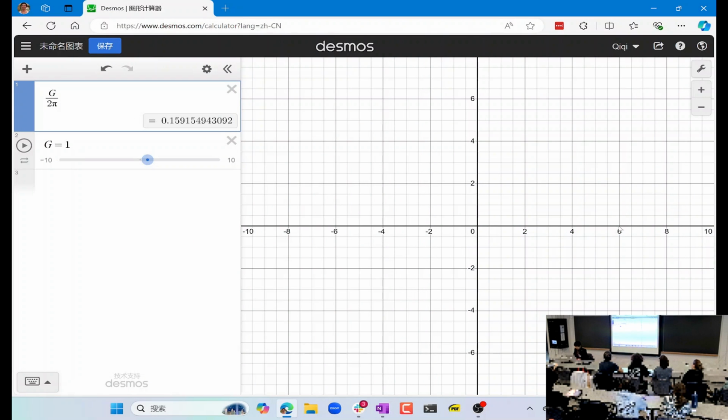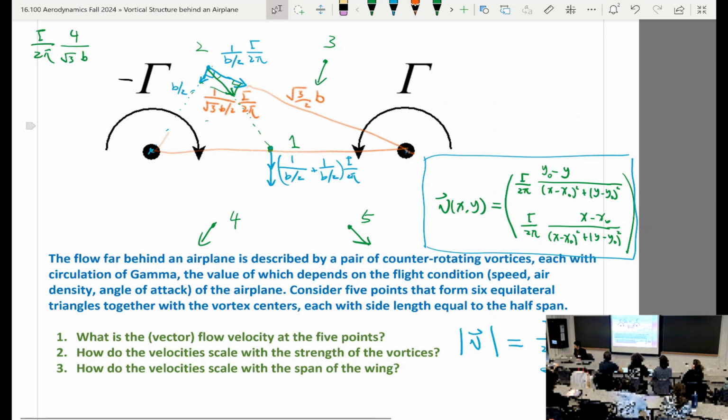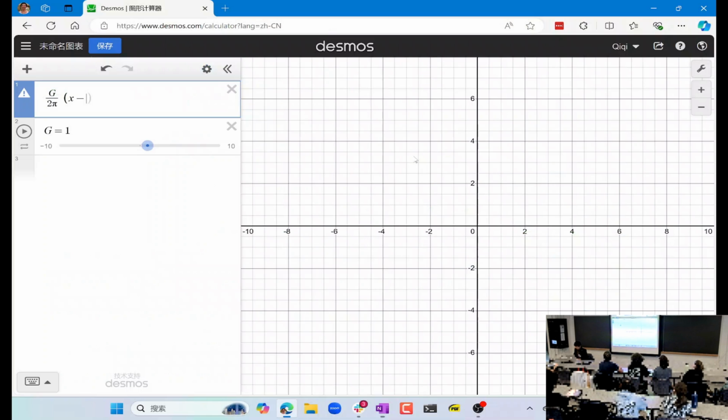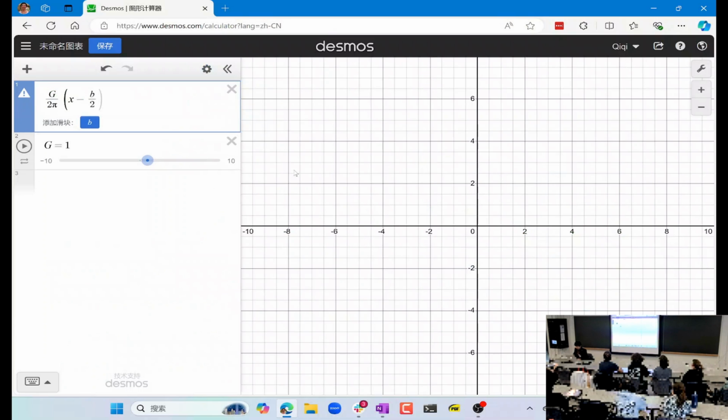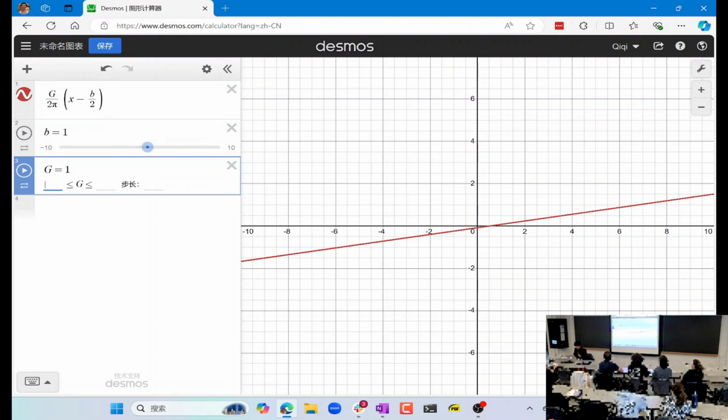So x minus x naught, let's do the right vertex first. For the right vertex it is b over 2, right? And we're going to add b, and let's make it positive, okay?